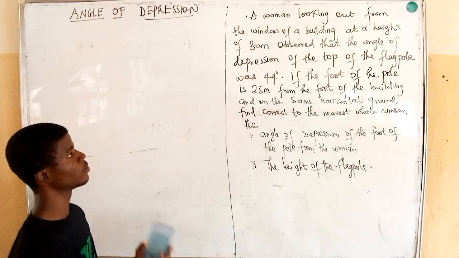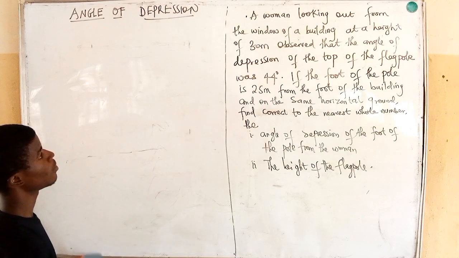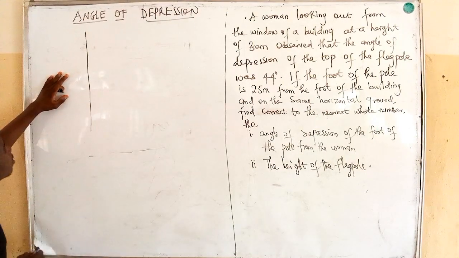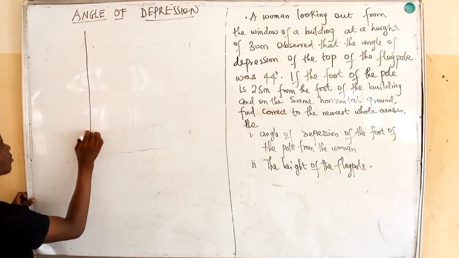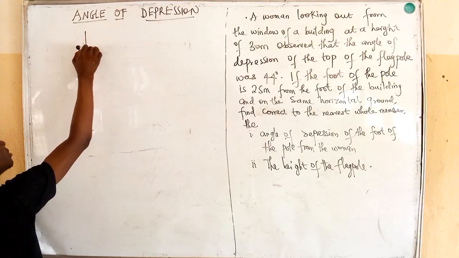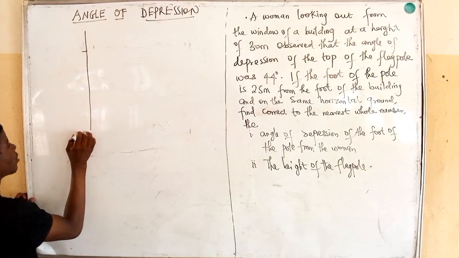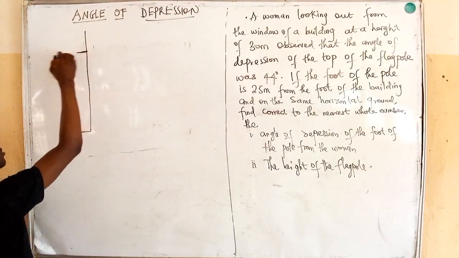Now let's try to represent this information diagrammatically. A woman is looking out from the window of a building. Let's say that this is the building and this is the window level. This is the window level, this very point, the window.